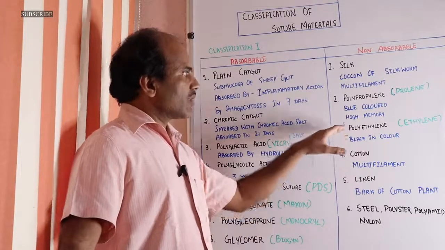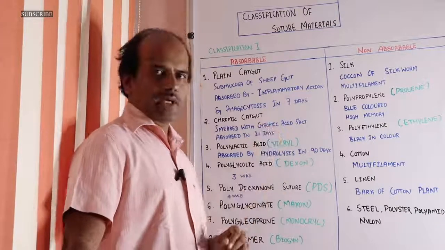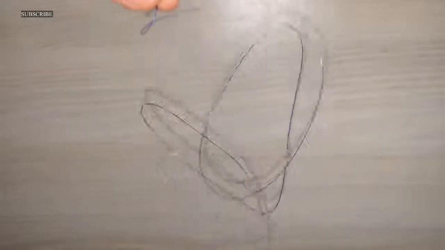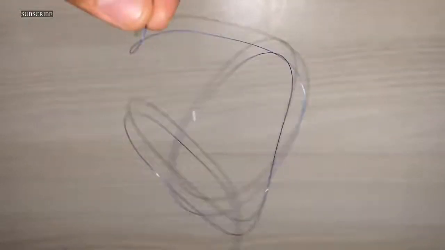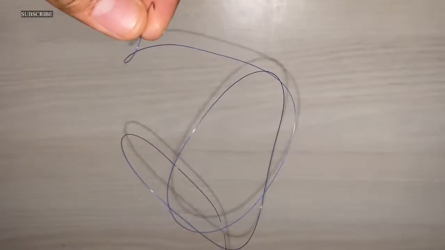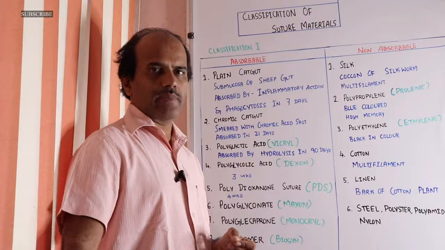Hence, we should go for a low memory suture material. Usually we get the suture material in a coiled condition. If it retains the same condition after removing it from the pack, then we call it a high memory suture material.